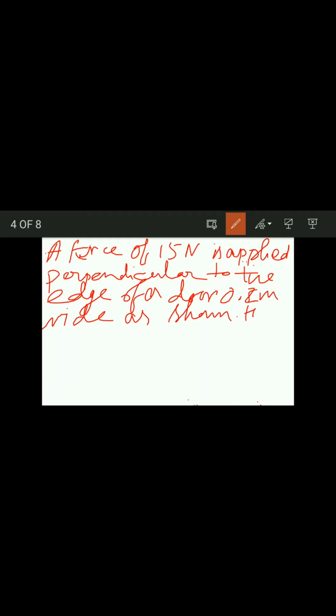Now find the moment of that force about the hinge of the door.